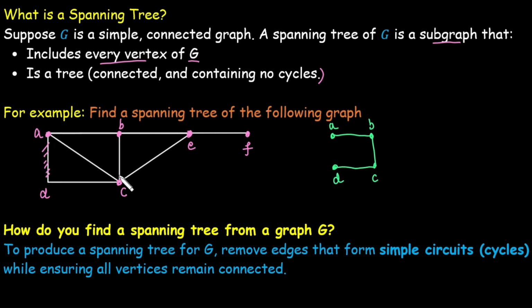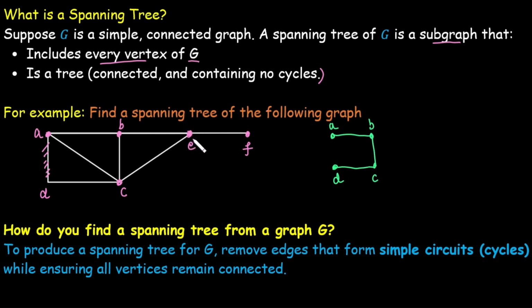Now the point is, can we include this edge as a part of a spanning tree? No, because it is also creating a cycle of the length 3. Now whether every vertex is a part of the tree? No, because E and F is not there. So we need to include these vertices as a part of this tree.